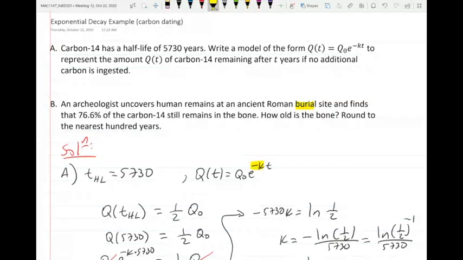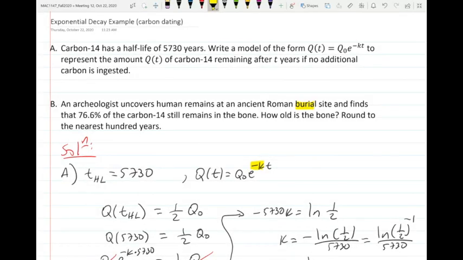This way, you can guess when this human was alive. When was the last time that it was alive? Because the idea is that when you die, the body does not ingest or produce more carbon-14. Whatever carbon-14 you have just starts to decay slowly over time.